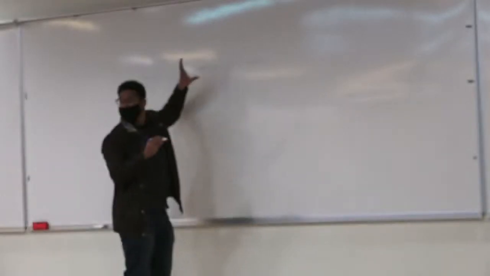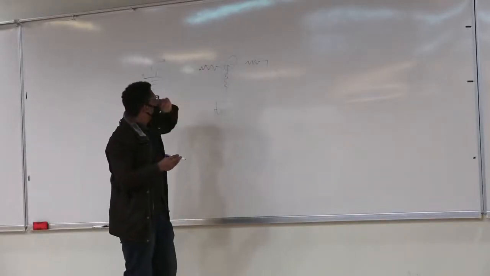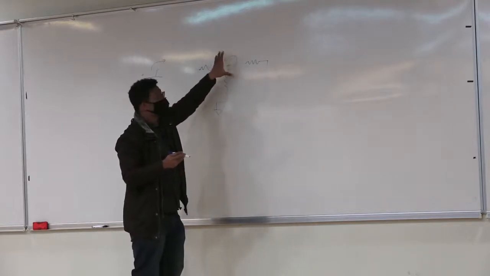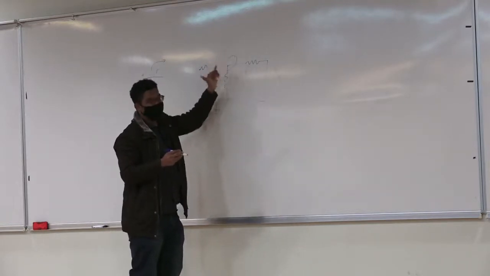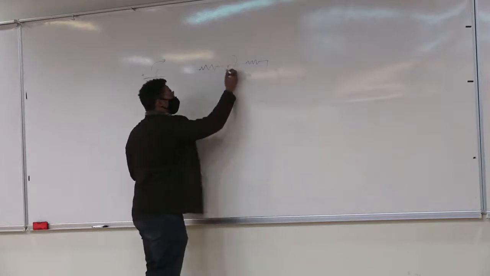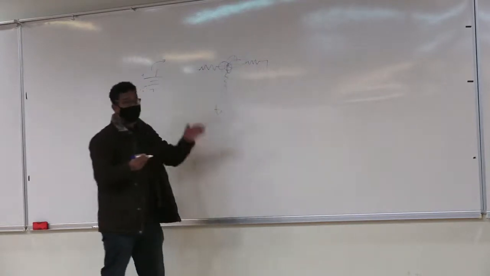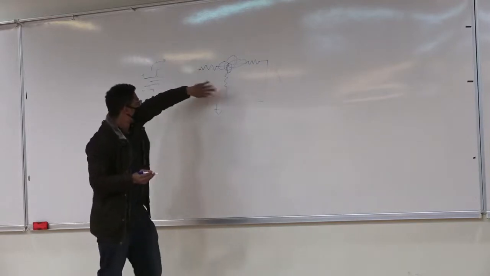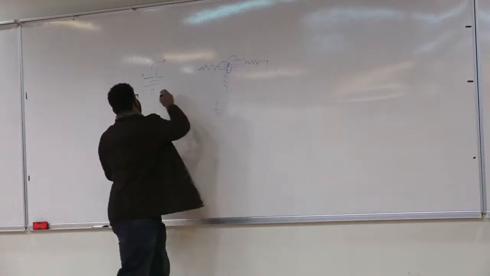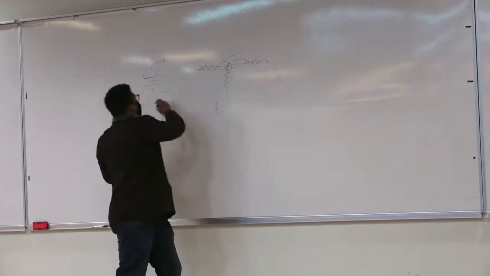This resistor will have a voltage difference across it, and then it'll be this node. This node will all have the same voltage across it. This section of the wire here, this section of the wire here, and this section of the wire here will all have the same voltage potentials. This node is the ground node.